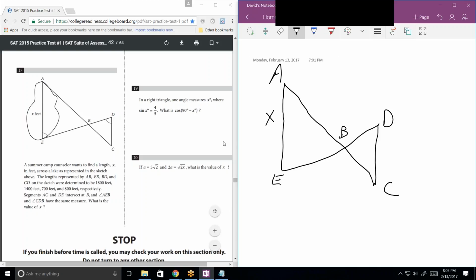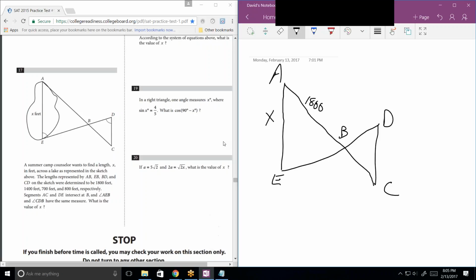Okay, so AB is 1800. EB is 1400. BD is 700. And CD is 800.